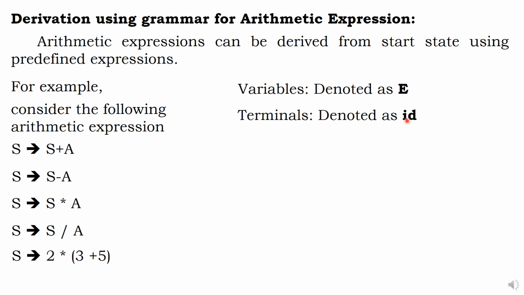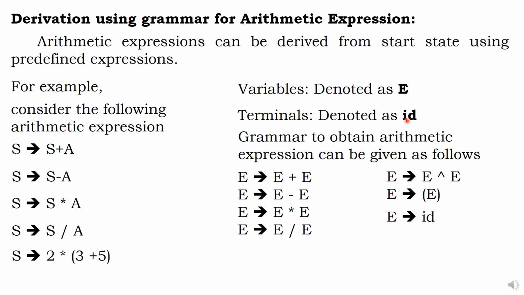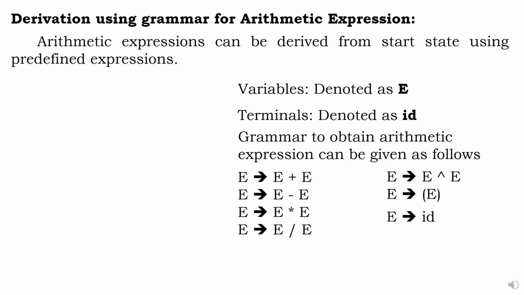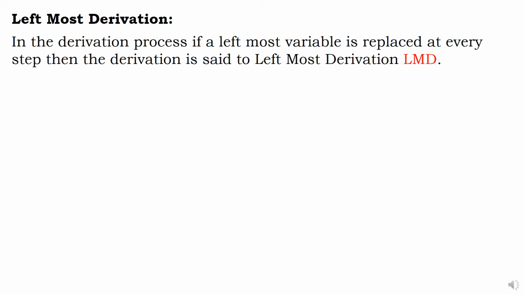Just simple notations, for clarification purposes. So, E becomes E plus E, E becomes E minus E, multiplication, division, power, bracket, ID, like that. There are some ready-made expressions available, called predefined expressions. Using these expressions, we are going to do some calculations here.